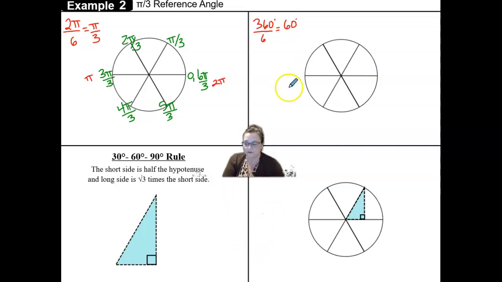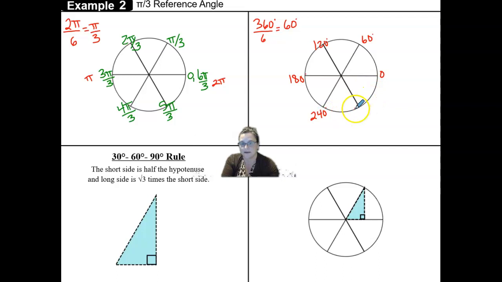So this would be 0 degrees, then 60 degrees. 2 times 60 is 120 degrees. 3 times 60 is 180 degrees. 4 times 60 is 240 degrees.